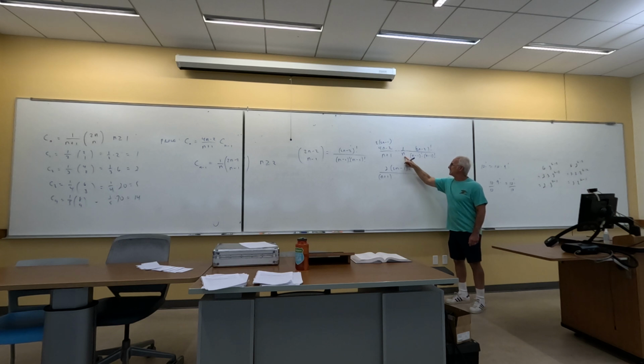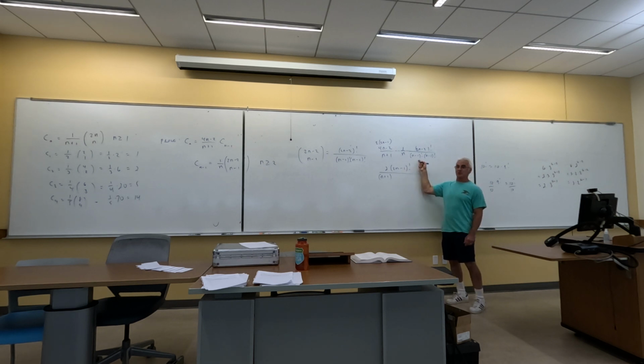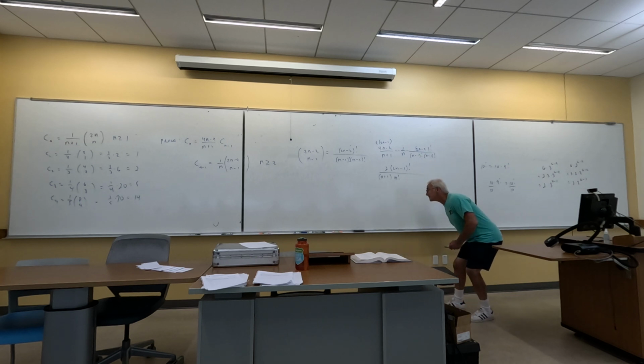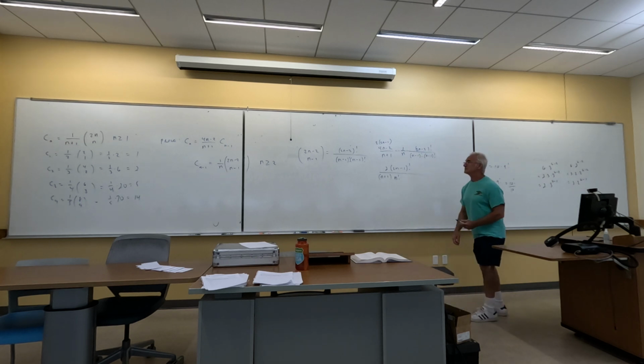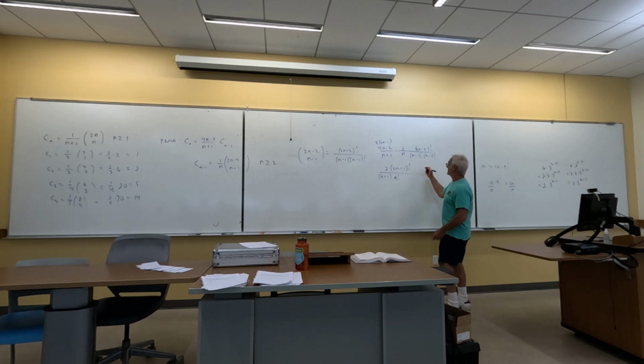Now my denominator, clearly I have an n plus 1, but I have an n times n minus 1 factorial. What's n times n minus 1? I'm sorry, times n minus 1 factorial. Wouldn't that just be n factorial? Everybody okay with that so far? And then I still have that term.